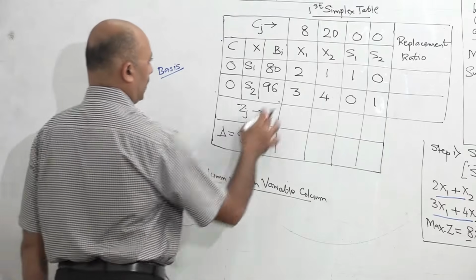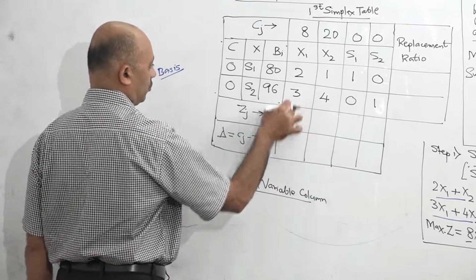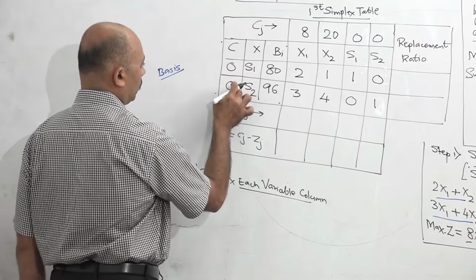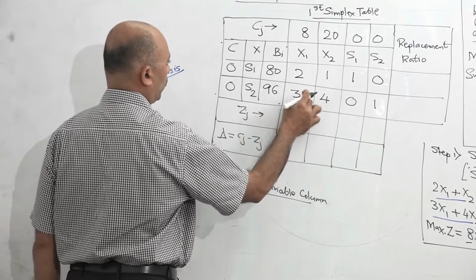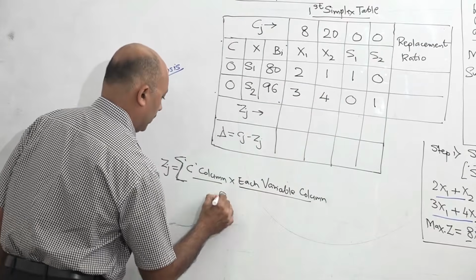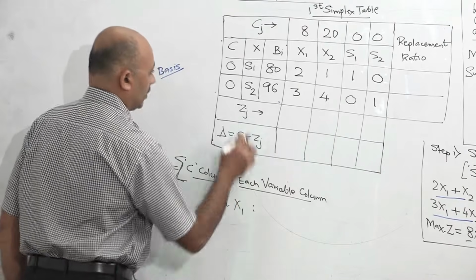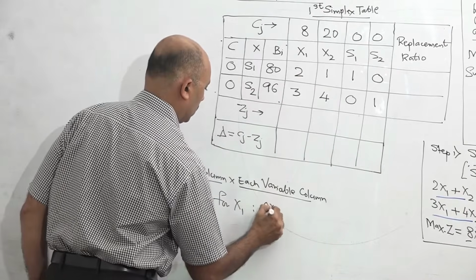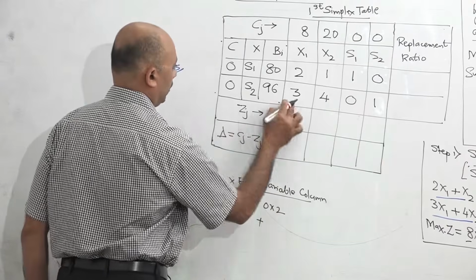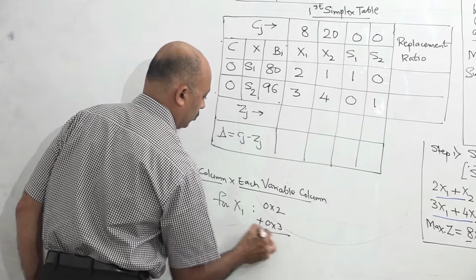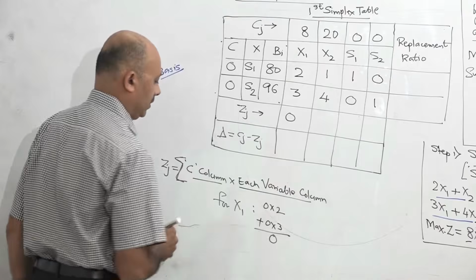Now say, for example, x1. So we will find Zj of x1. The C column is 0, 0 and the x1 column is 2 and 3. So for x1 it will be 0 into 2 plus 0 into 3. So 0. So here the Zj value will be 0.